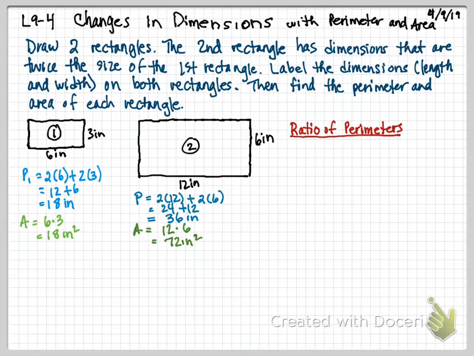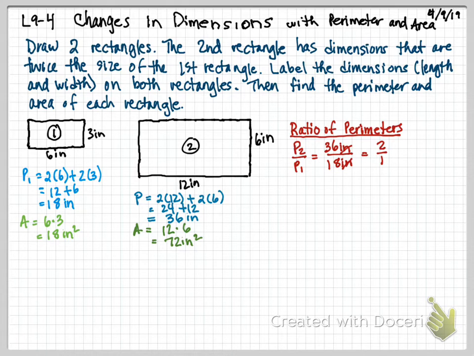So we're going to take the perimeter of the large one over the perimeter of the small one. So the perimeter of the large one was 36 inches, and the small one was 18 inches. Now, the labels cancel out, and then we just go ahead and reduce to lowest terms. And actually, they both have an 18 in common, so we end up with 2 to 1.